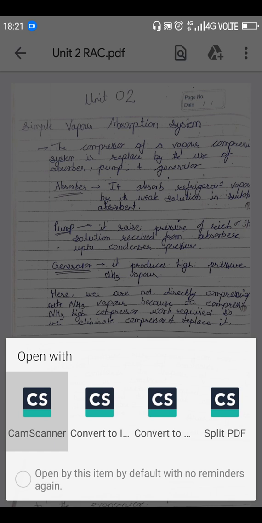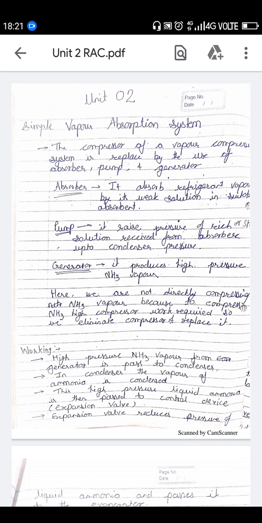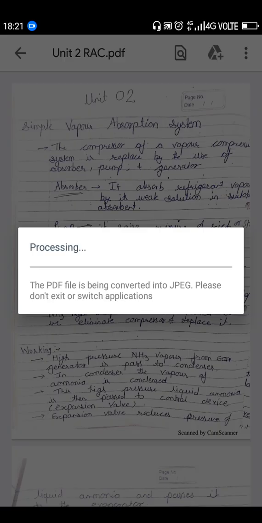In a simple vapor absorption system, we are always eliminating the compressor by an absorber, then a generator and a eliminator. So in this vapor absorption refrigeration system, there is no compressor present.